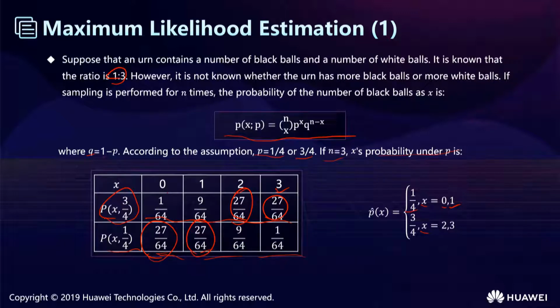That's the basic idea of maximum likelihood estimation: we choose the larger probability to make the event occur.